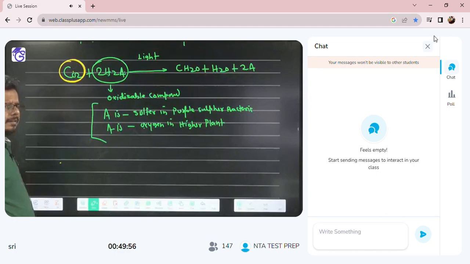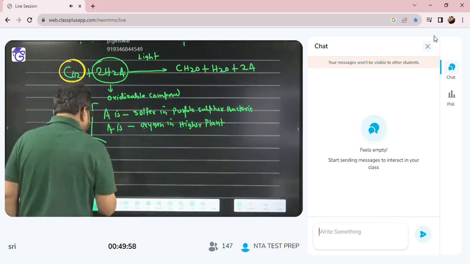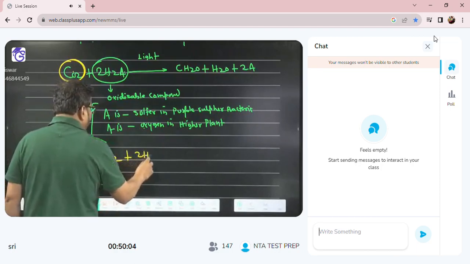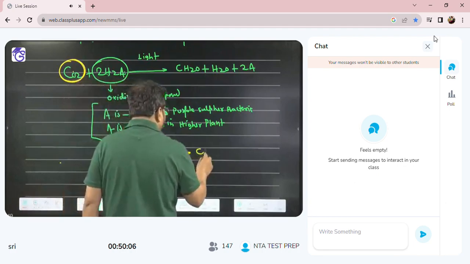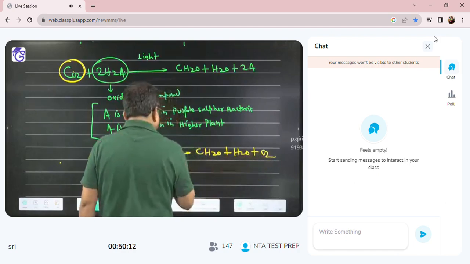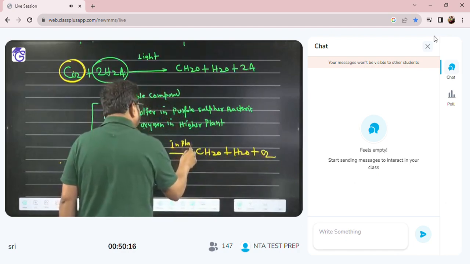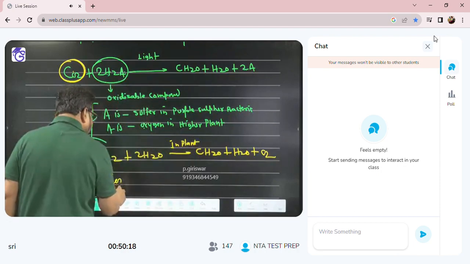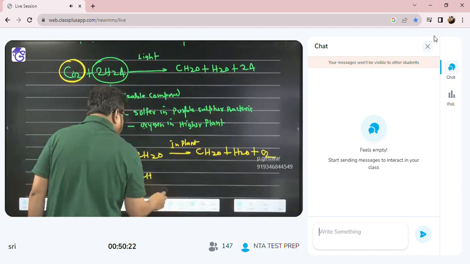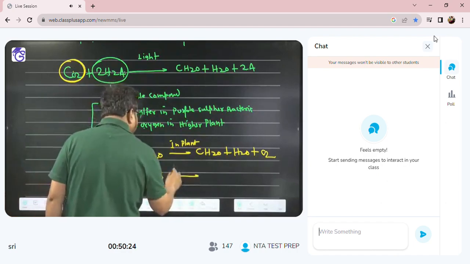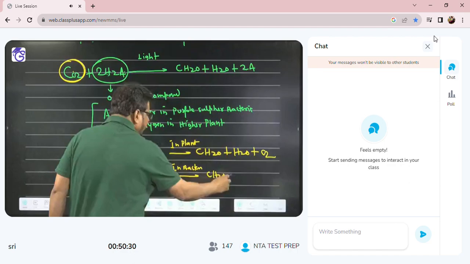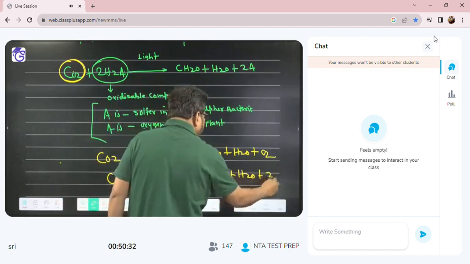So when photosynthesis occurs in plant, CO2 reacts with 2H2O, giving CH2O plus H2O plus oxygen. But in bacterial photosynthesis, CO2 reacts with 2H2S in sulfur bacteria, CH2O is forming, plus H2O is forming, plus 2S is forming.